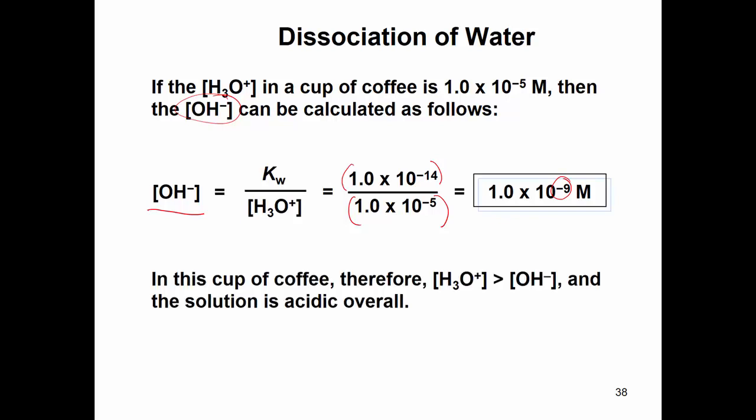All right, so let's think about what this means. If you look at our hydronium concentration, we know that in water the concentrations of hydronium and hydroxide are equal at 10 to the negative 7. For coffee, it's not neutral, right? Because it's not 10 to the negative 7. We have 10 to the negative 5. Negative 5 is a much larger number than negative 7, right?